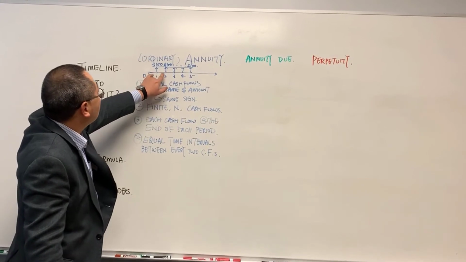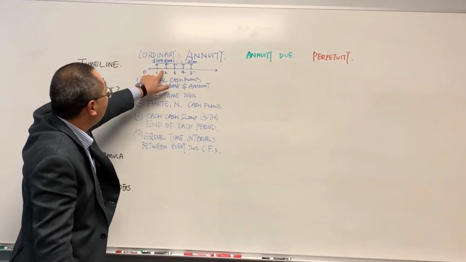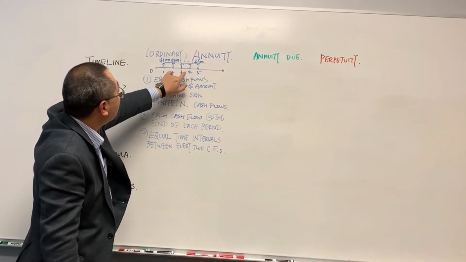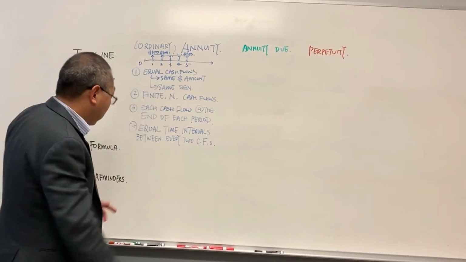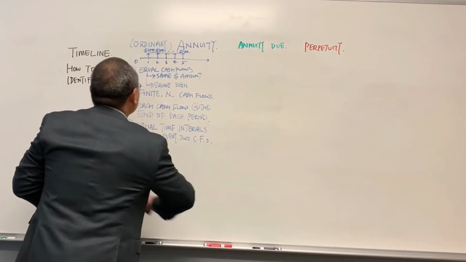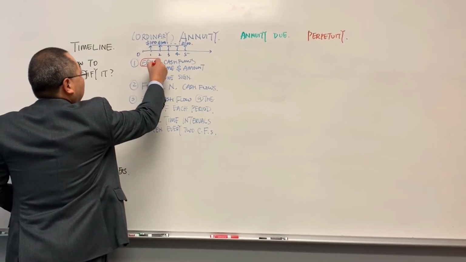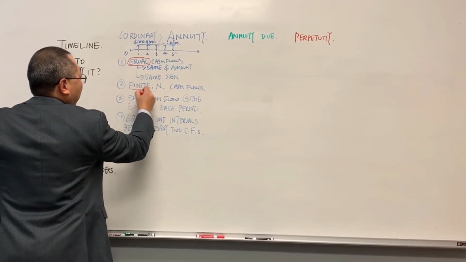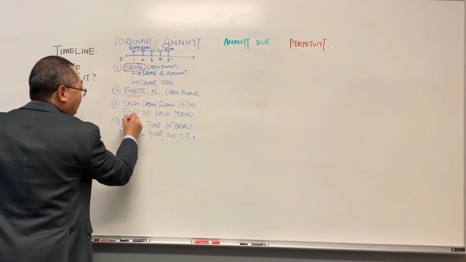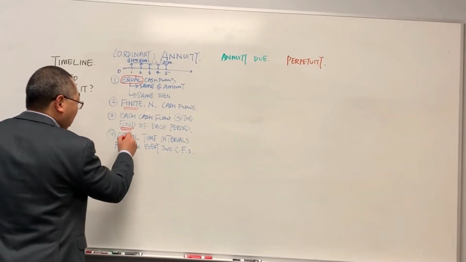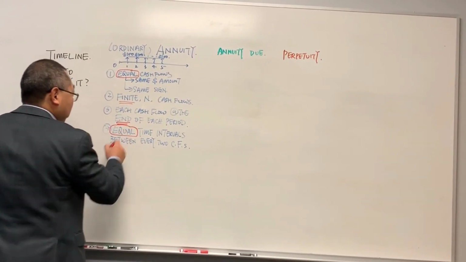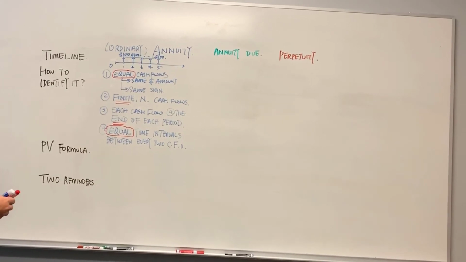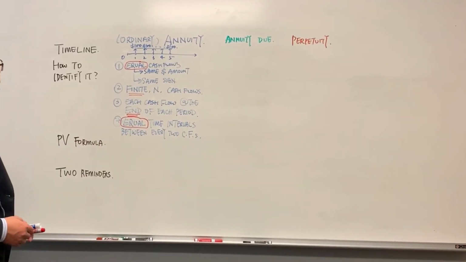Which means between these 2 cash flows that are close to each other, 1 year. Between these 2, another year. Between these 2, another year. So in here, again, we can say equal cash flows, finite n, at the end of each period, and equal time intervals between every two cash flows. Then it is an annuity.